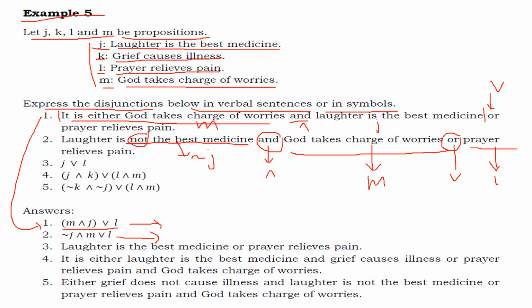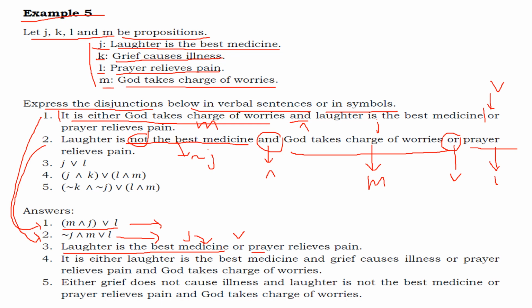Now for number 3 here, how can we express this in words? Your J disjunction L. Your J: laughter is the best medicine. So this will be your J. Your or is your disjunction.